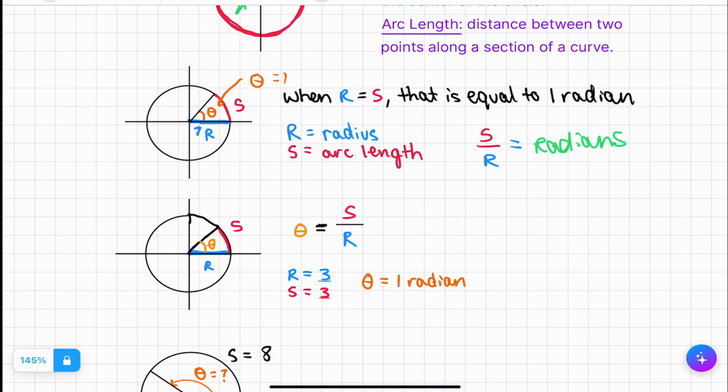So say, for example, we had a radius of 3 centimeters and an arc length of 3 centimeters. How many radians would that be? We take the arc length divided by the radius, and 3 divided by 3 is 1. So we have 1 radian.